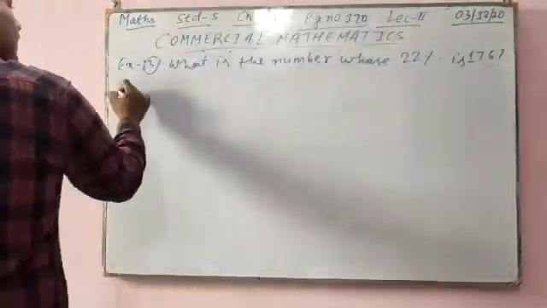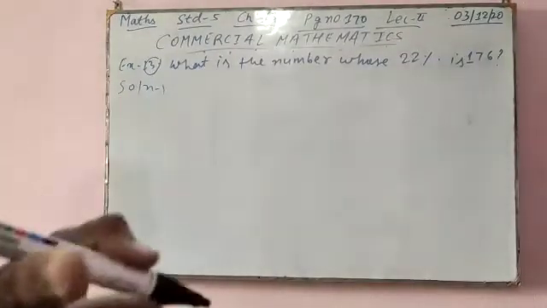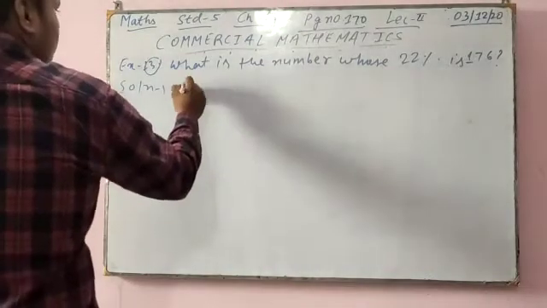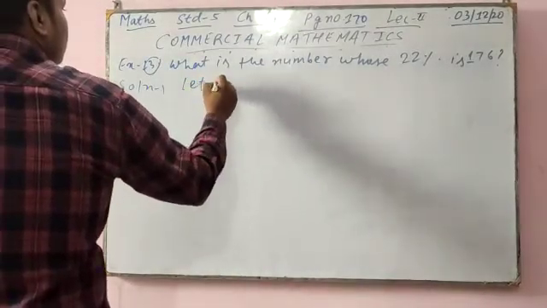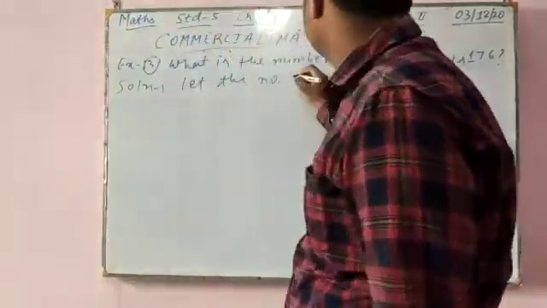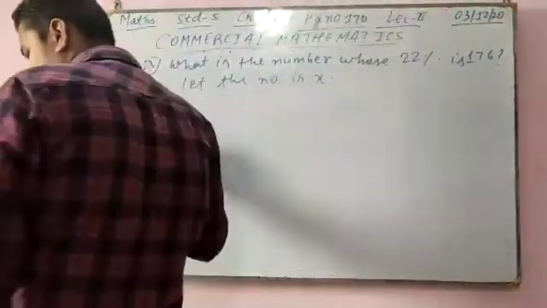So you have to find your number. When you have to find your number, you do not multiply with 100, you have to divide with 100. Suppose let the number be x, because we do not know what the number is.